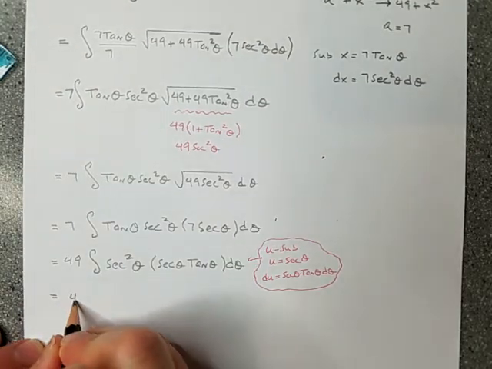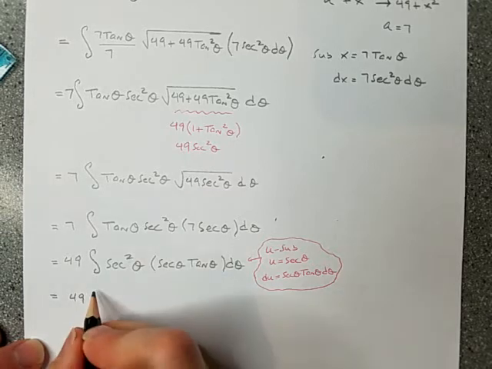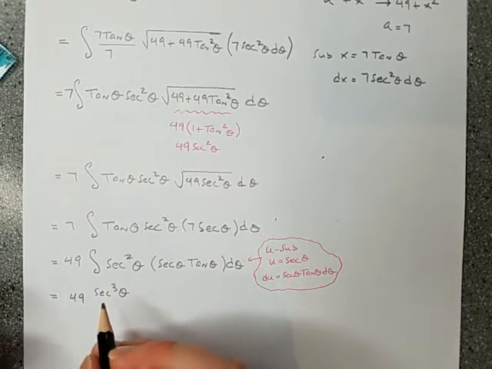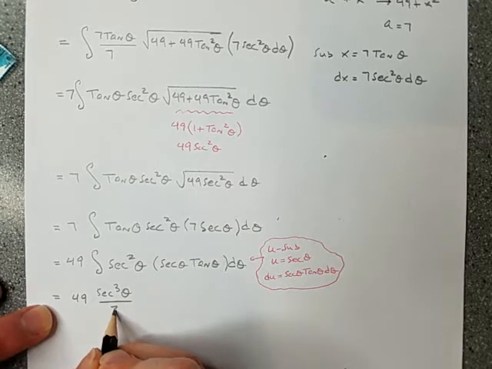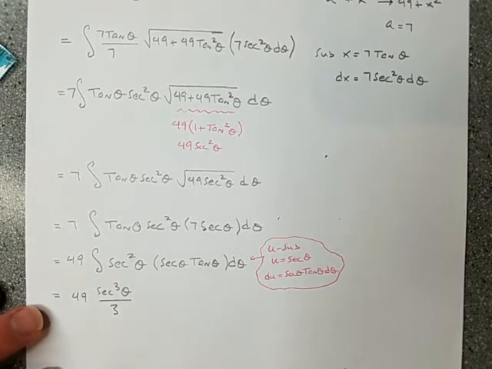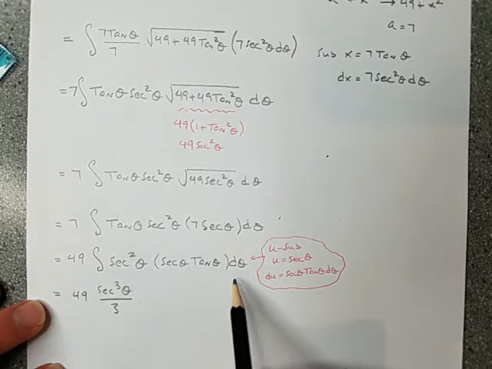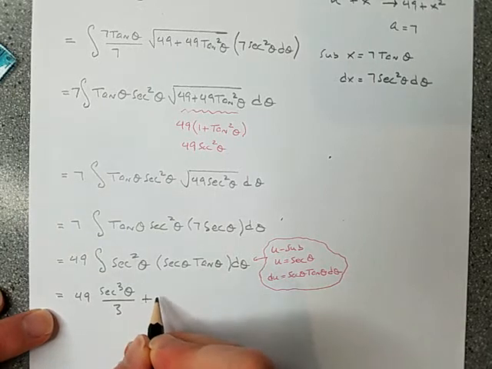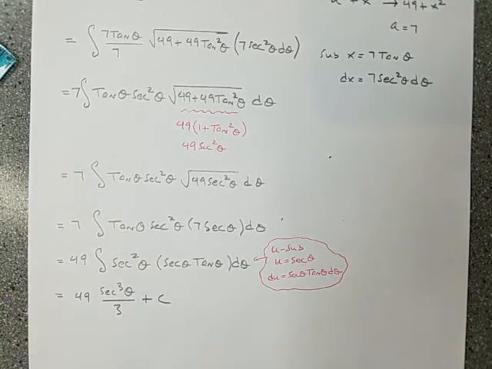I'll get my 49. I'll get secant to the 3rd power theta over 3, okay? Because it's going to be u squared du, and I'm going to get u to the 3rd power over 3, and then I'm going to resubstitute, and then I get my constant of integration. All right. So let's see, one more thing.